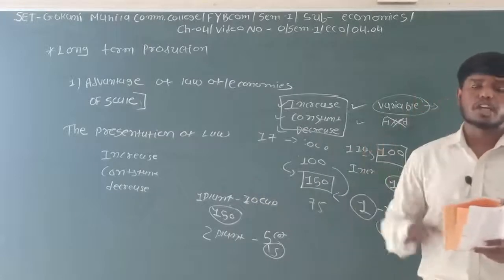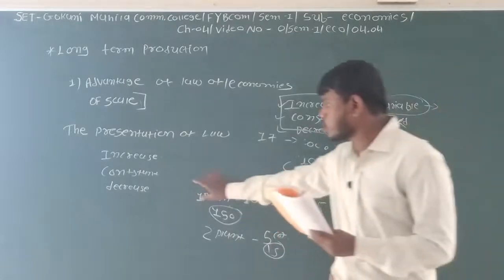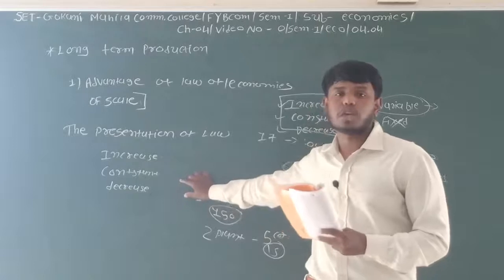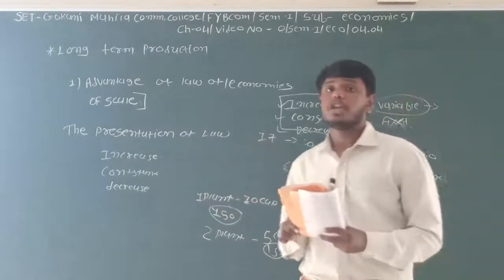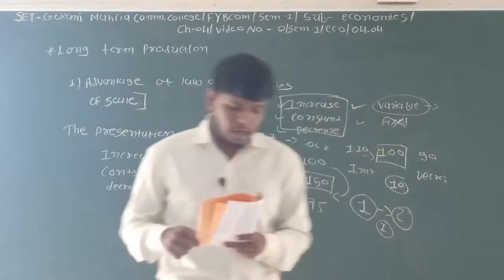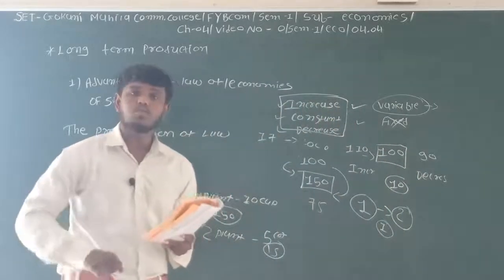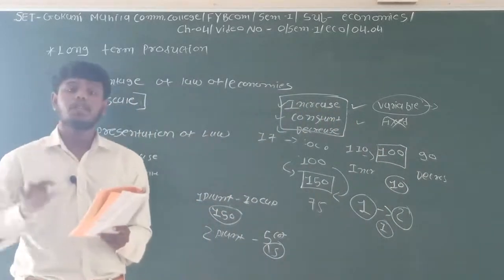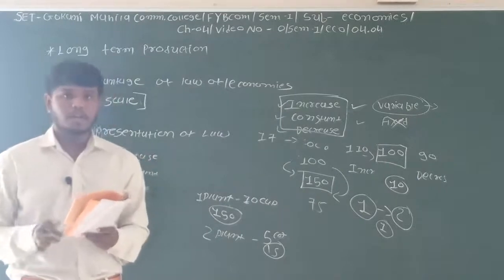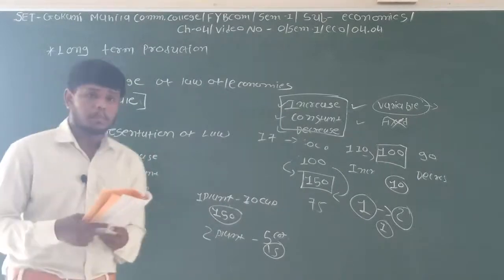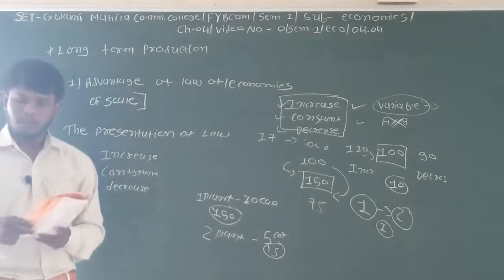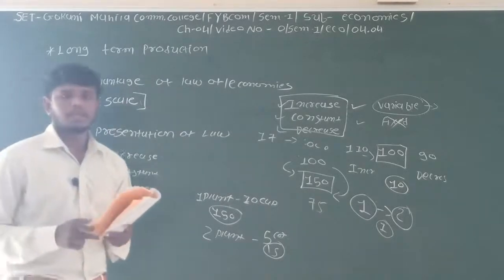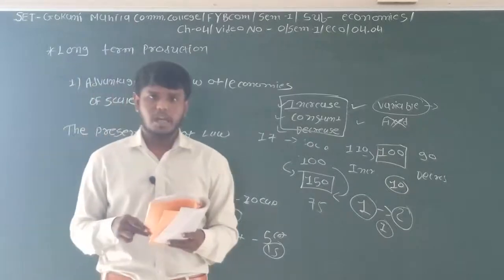But in the last stage, it does not give the incremental result, it gives you a decrease. The factors you added do not give you return as per your requirement. So this is the law. How that incremental stage, constant stage and decrease stage will affect your economies of scale will be studied in our next video.